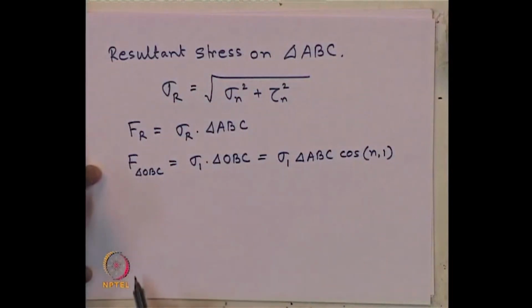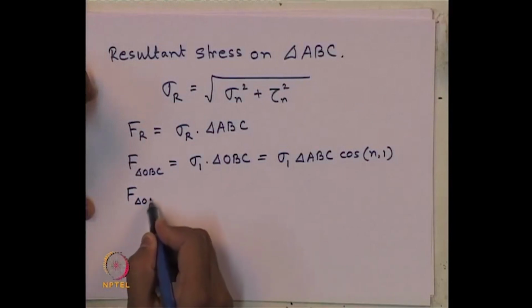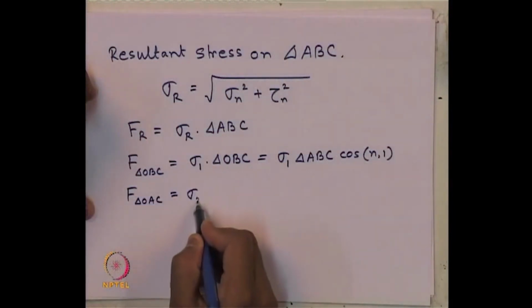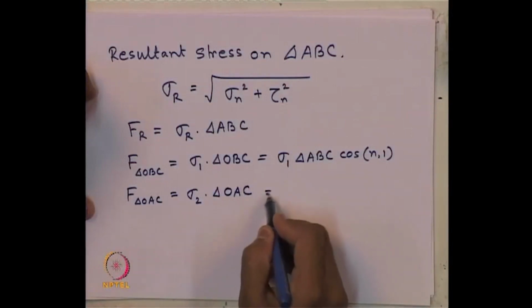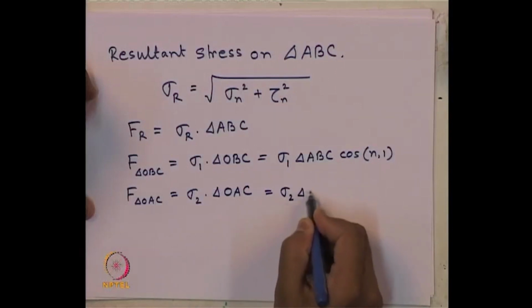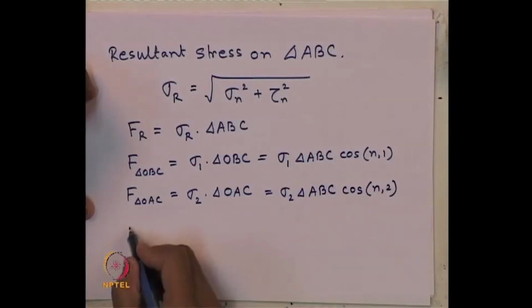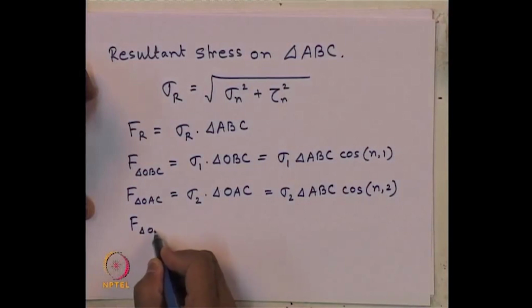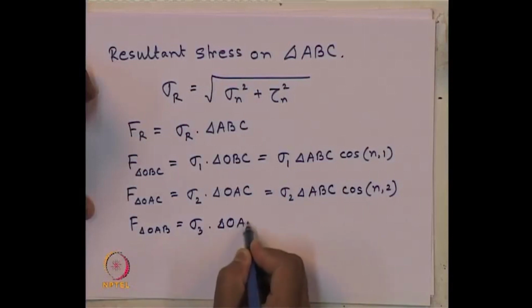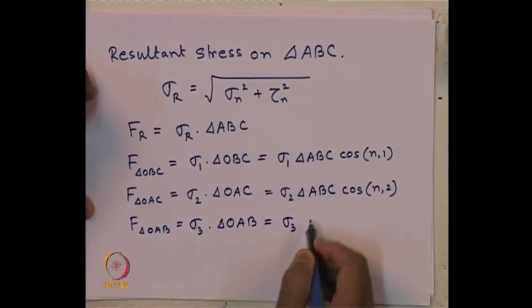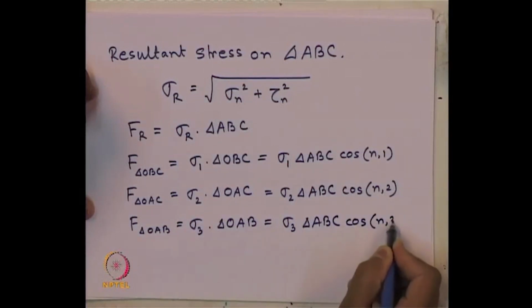Similarly, the other two we can also write: force acting on OAC is sigma 2 times OAC, which is sigma 2 ABC cosine of n2, and force on area OAB should be sigma 3 times OAB, which is sigma 3 ABC cosine of n3.